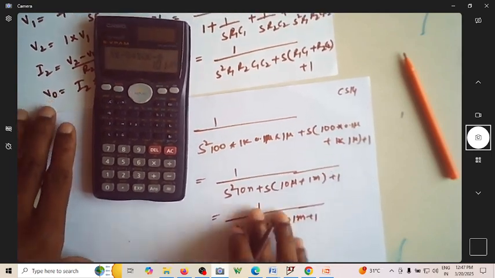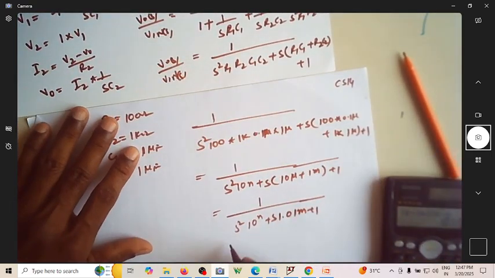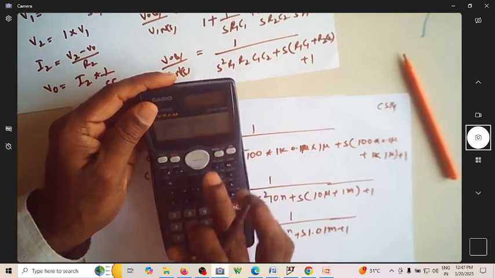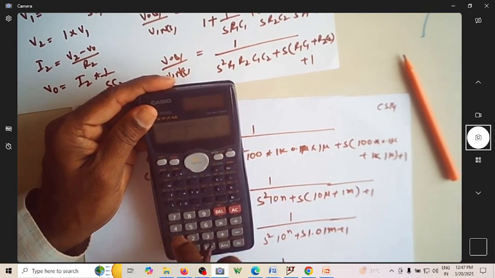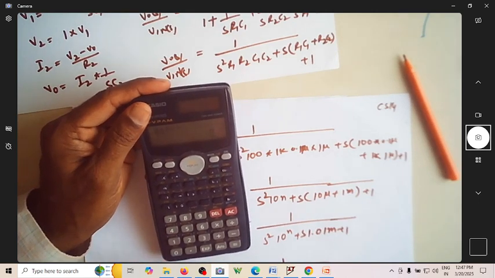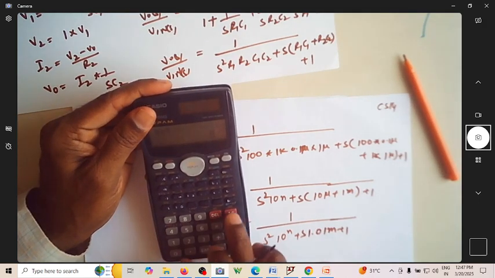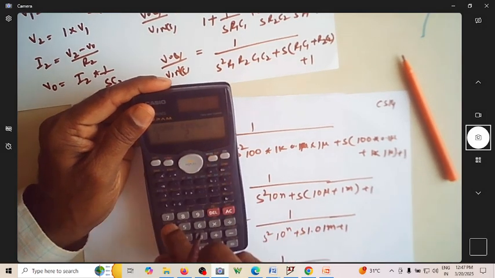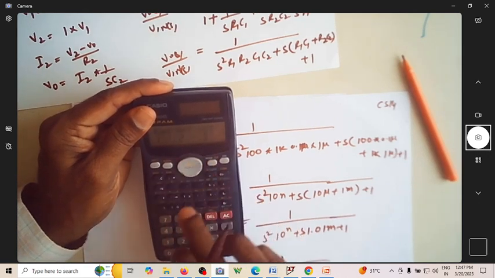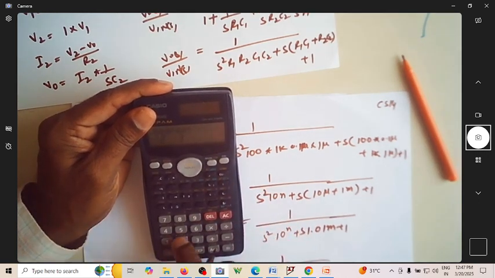So what are the roots of this? Let me find the roots. Degree is 2.